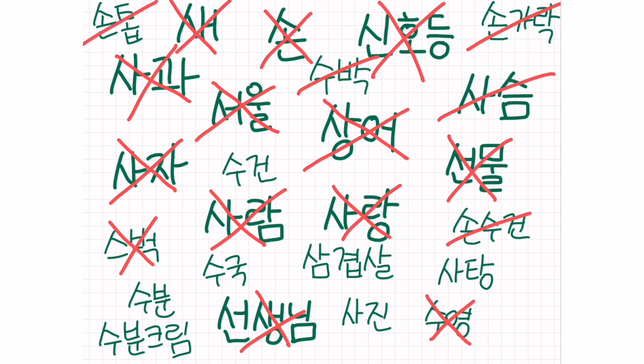Here. How about 삼겹살? 삼겹살. How about a candy? 사탕. How about a towel? Towel in Korean is 수건. How about picture? 사진.